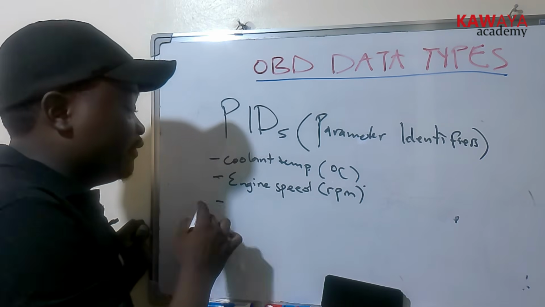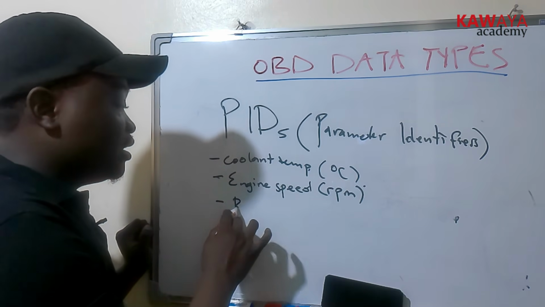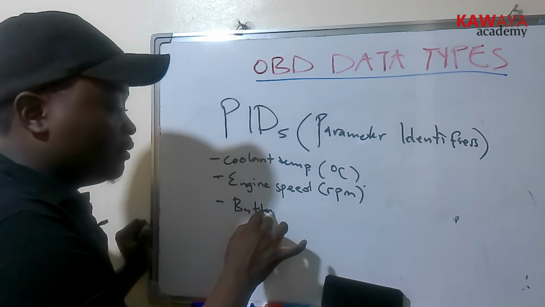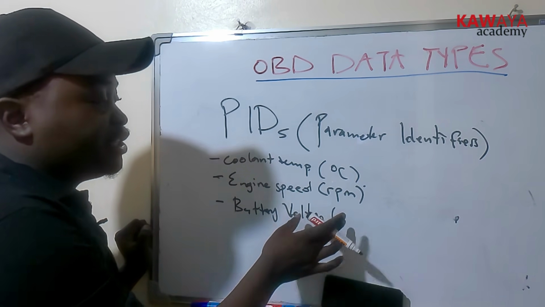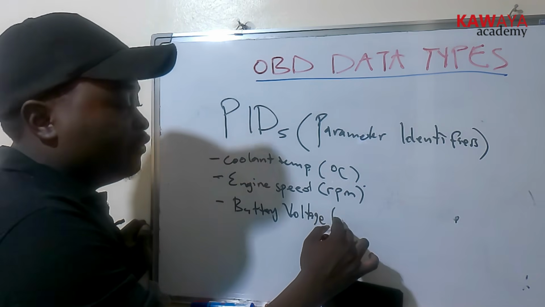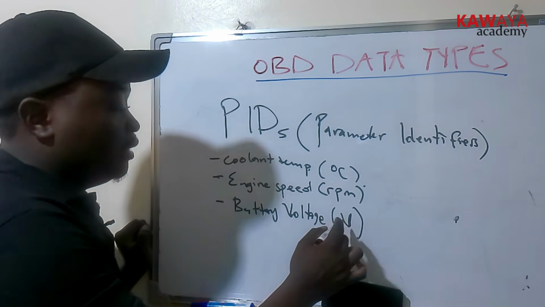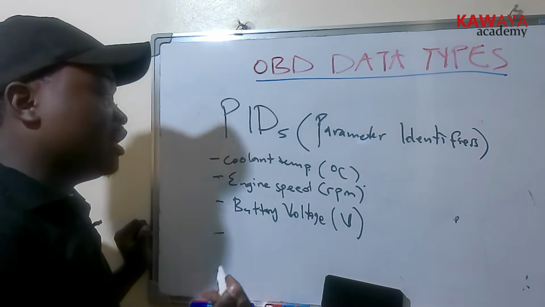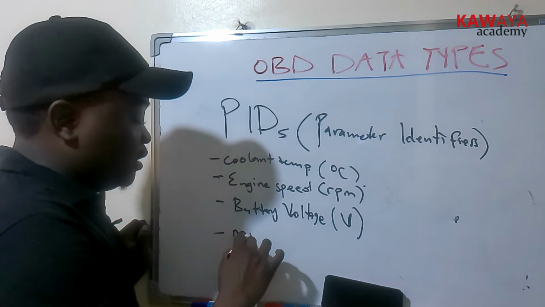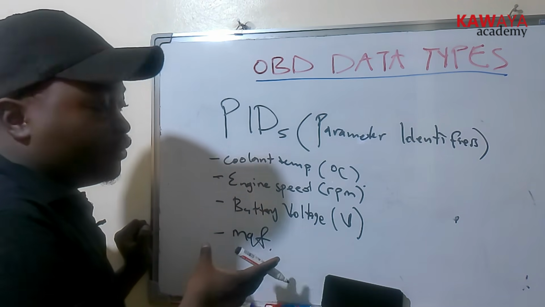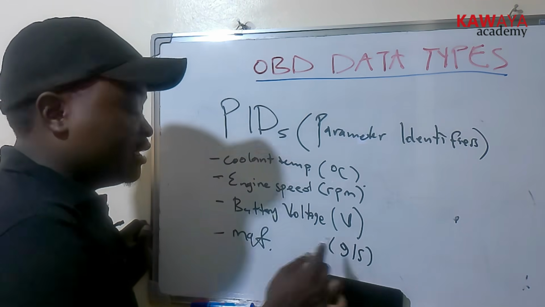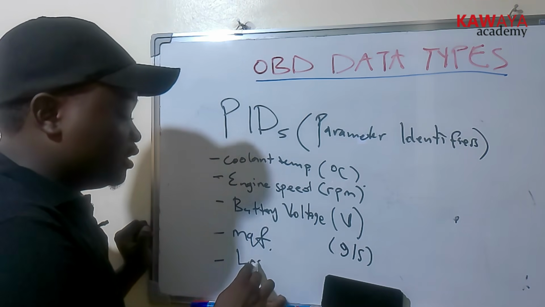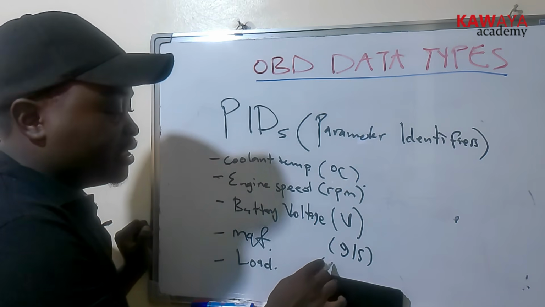We can have battery voltage, and this can be measured in volts. Okay, what else? We can have MAF readings for air entering in, and this can be measured in grams per second. We can have the engine load, and this one is basically measured in percentages.